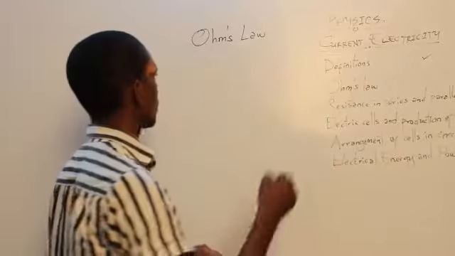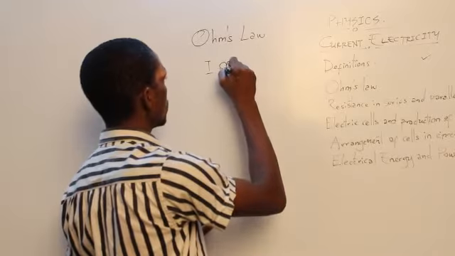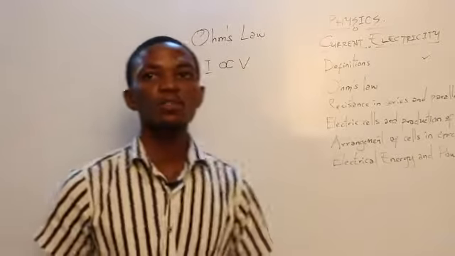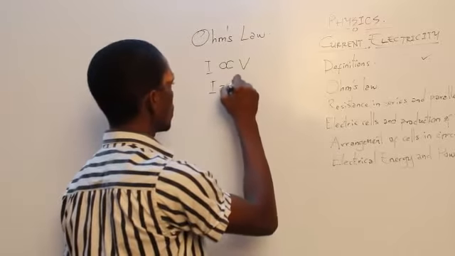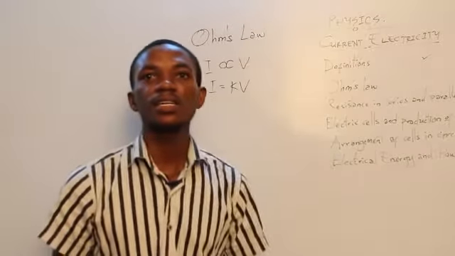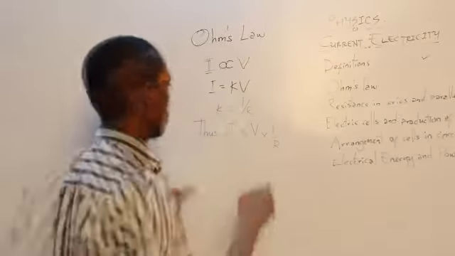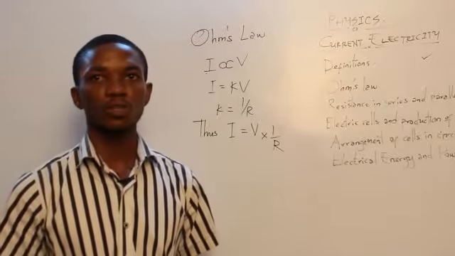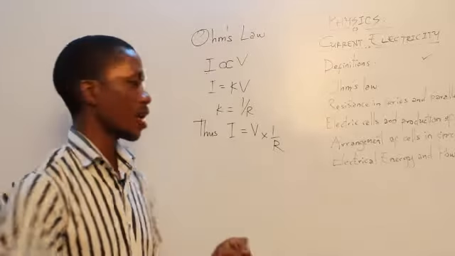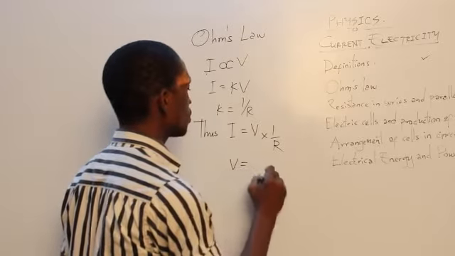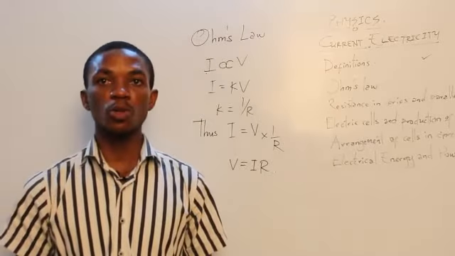This suggests that I is proportional to V. Well, this proportionality, when we solve it, results in I equals kV, and this constant K is identified as the resistance of the circuit. But for simplicity's sake, we choose to take our R to the other side, and we'll have the expression V equals IR. And that is Ohm's law.